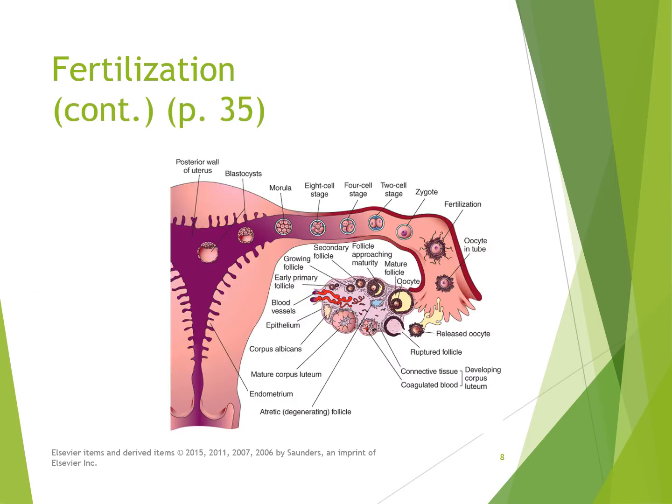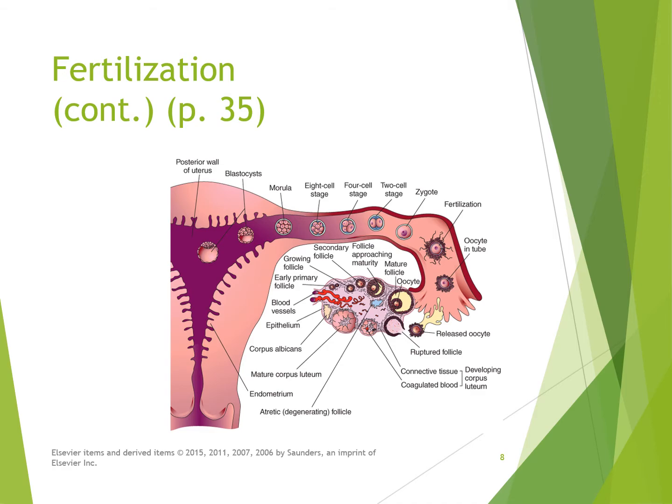So here's the process of fertilization. I just wanted you to see over to the right, that's the outer third of the fallopian tube. Okay, so you can see the fertilization happening, the released oocyte down towards the bottom.